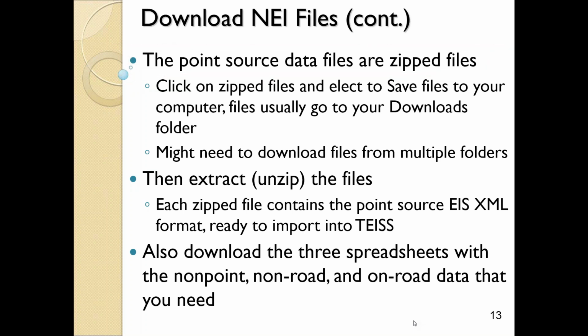So when you see that point source file, you're going to click on it, and then it's going to say, do you want to open this or do you want to save it? And you need to say, I want to save it. And that usually goes into your downloads folder on your computer. And you also, like I mentioned, might need to download files from multiple folders, depending on if there's counties in the multiple subfolders that you need.